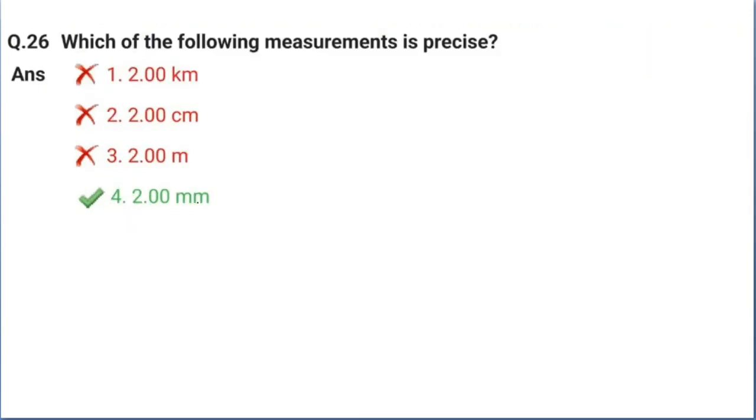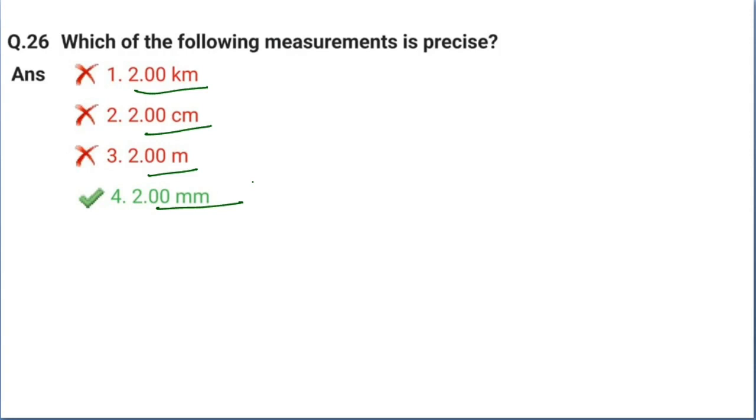Question number 26. Which of the following measurements is precise? 2 kilometer, 2 centimeter, 2 meter, 2 millimeter, 2.00. In each option 0.00 is there, but you need kilometer, centimeter, meter and millimeter.